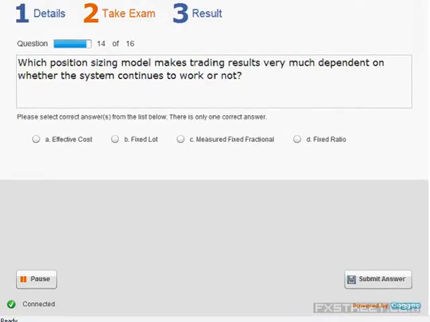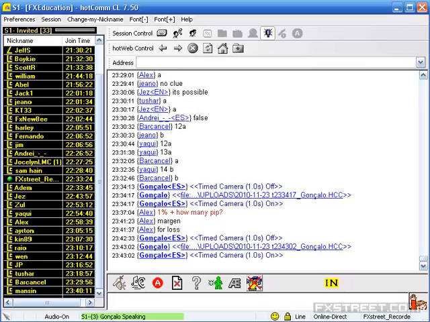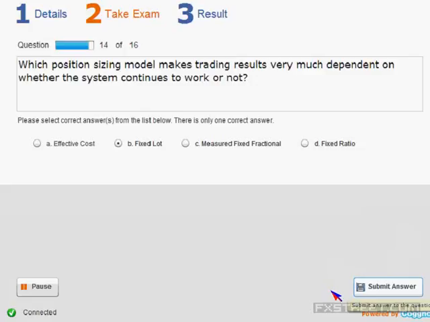The question was addressing which model makes trading results very much dependent on whether the system continues to work or not. I've seen that we have answers. We have two times B, so I guess B is the answer the majority has chosen. Okay, let's then submit the question.